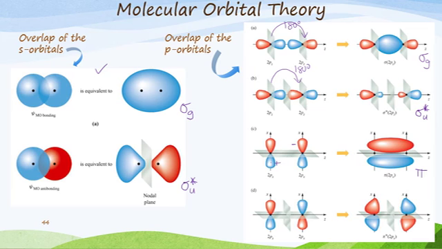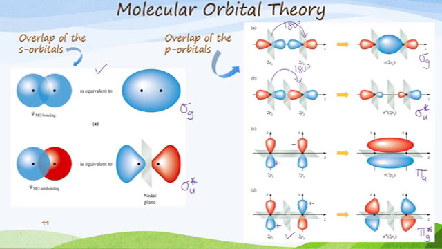It's going to be ungerade, but it's bonding. And then this one at the bottom over here, when we do the 180-degree rotation, the blue is going to be the blue at the top. So this becomes a pi star antibonding, but it's gerade. So that's how we classify the molecular orbitals.